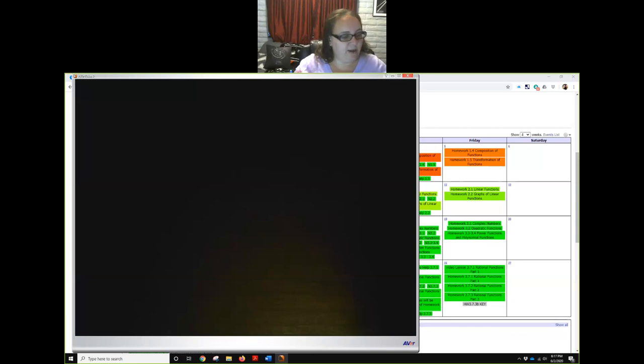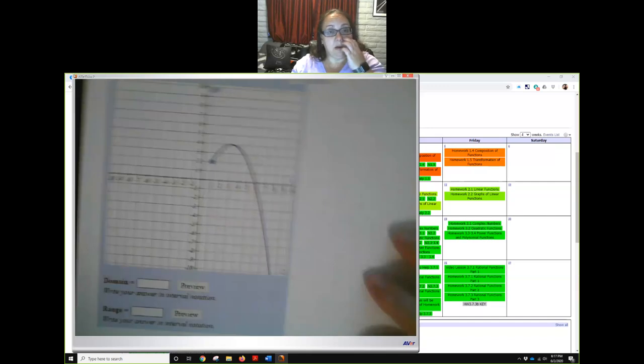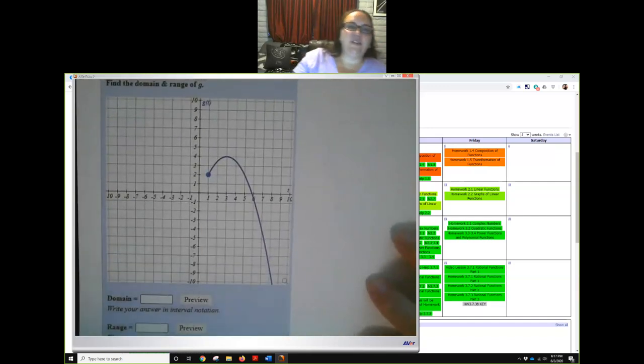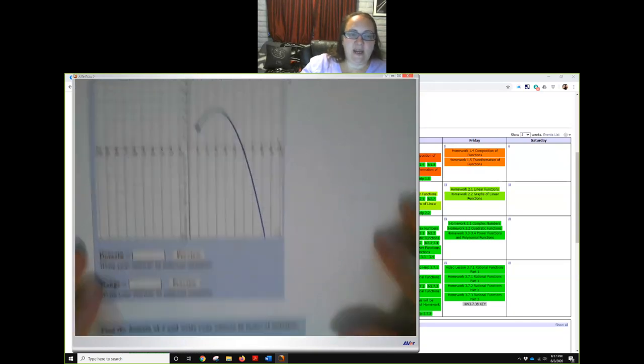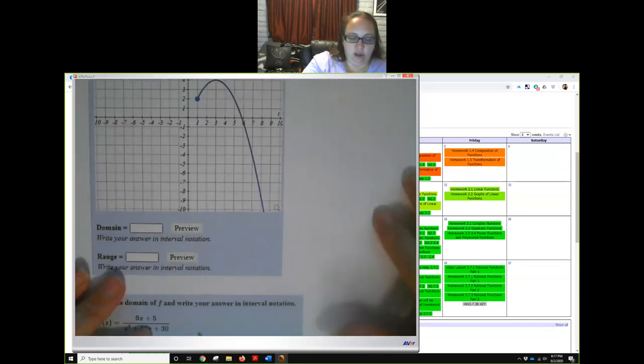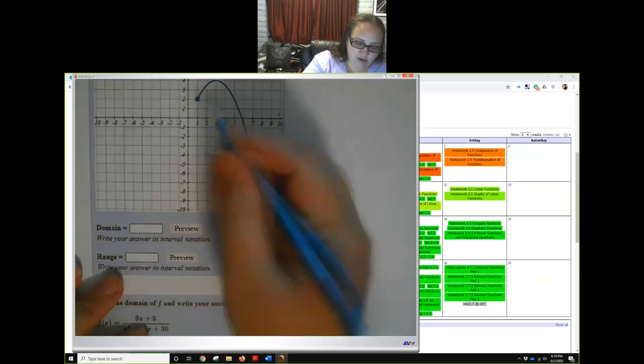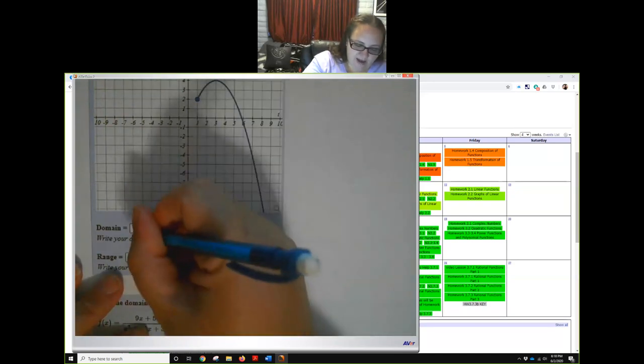This one's honestly probably one of the easier lessons up till this point. Now for this one, if we're going to go left to right, our lowest x is 1. It has a closed circle, so I'm going to use a bracket.